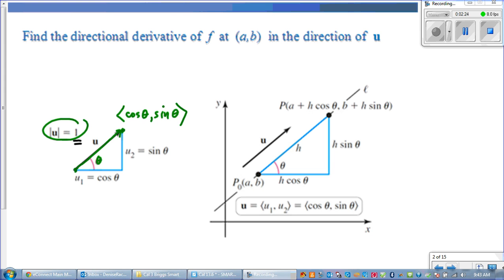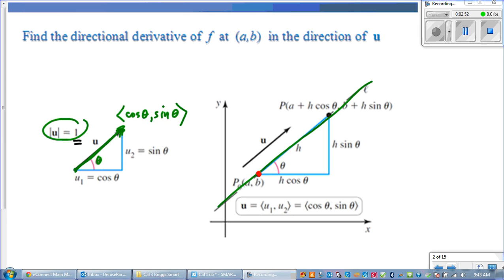So now, the directional derivative that we are looking for will be moving in this direction along the surface of f. So we will be finding the derivative moving along the line determined by that unit vector u. So start with finding the directional derivative at the point (a, b).